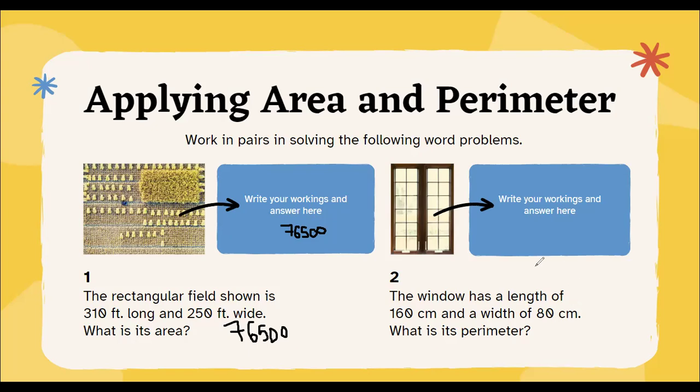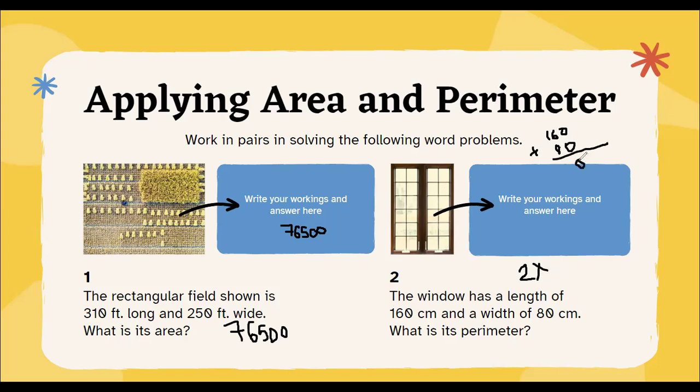What is the perimeter? So now you have to multiply 2 into 160 plus 80. What is 160 plus 80? Let's calculate. So 160 plus 80: 0 plus 0 equals 0.